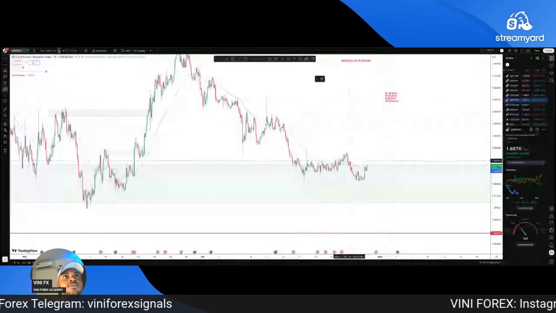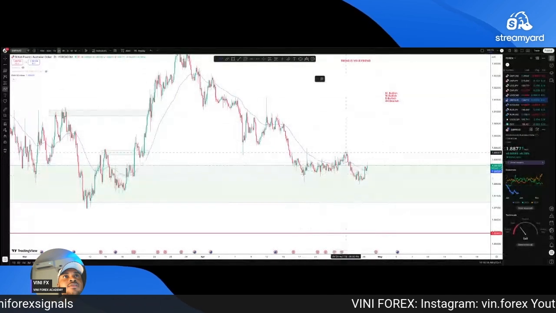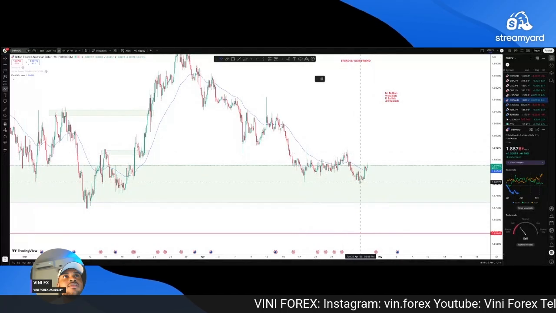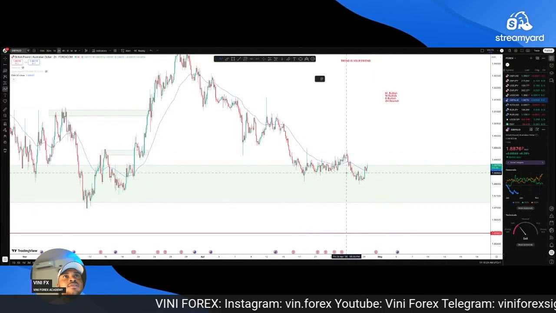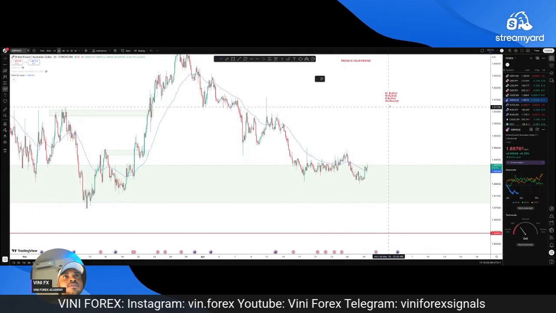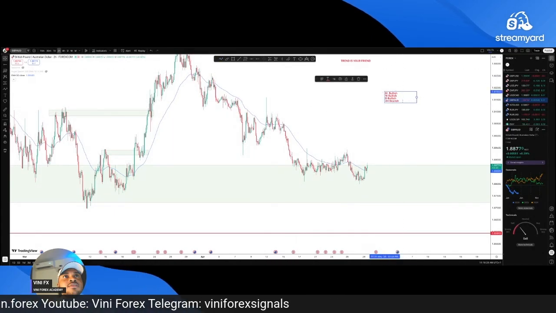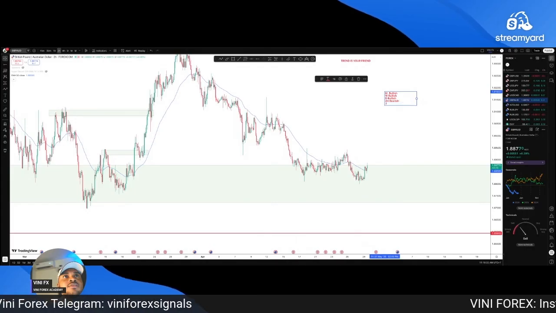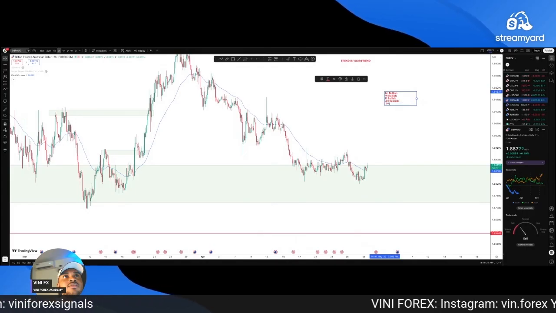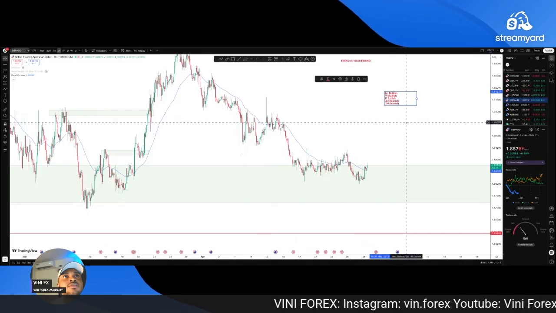It's still showing us a bearish market, but this is a lower high, a lower low. So the 2 hours is showing us a bearish market. It's simple. 2 hours and 4 hours often don't have much difference.